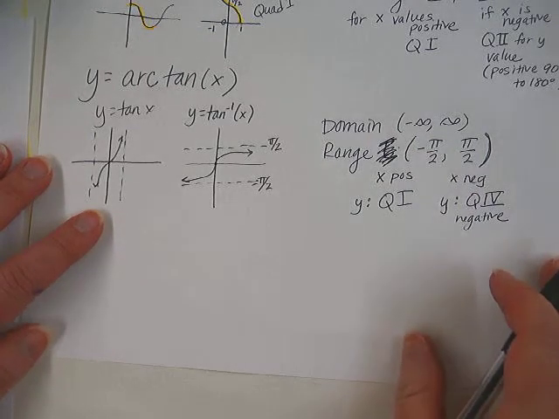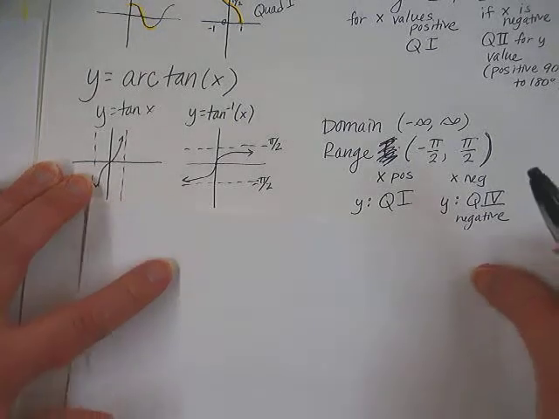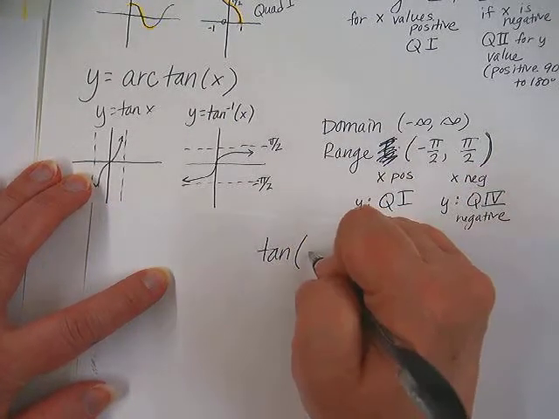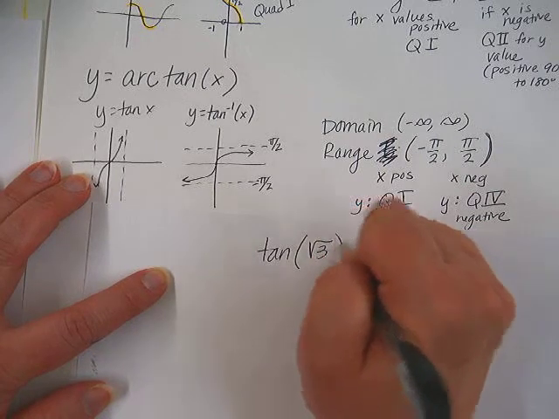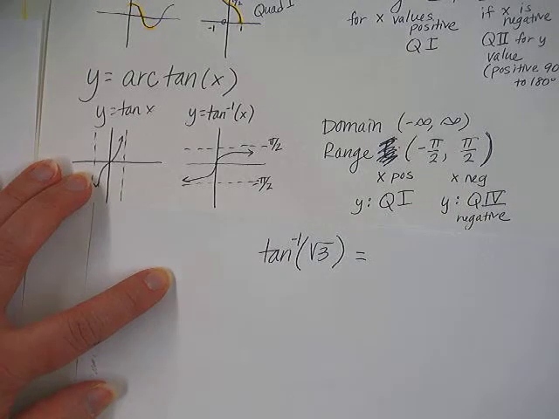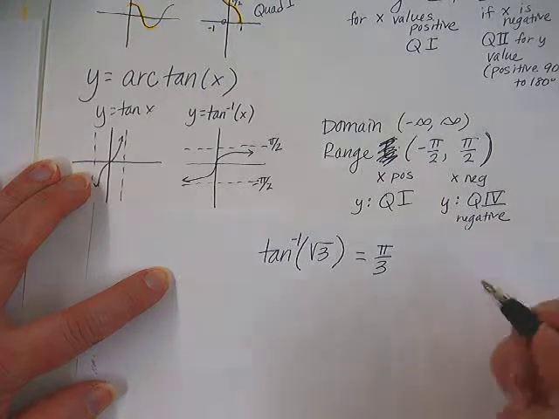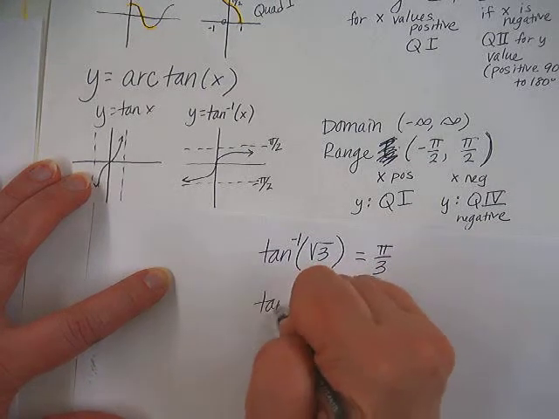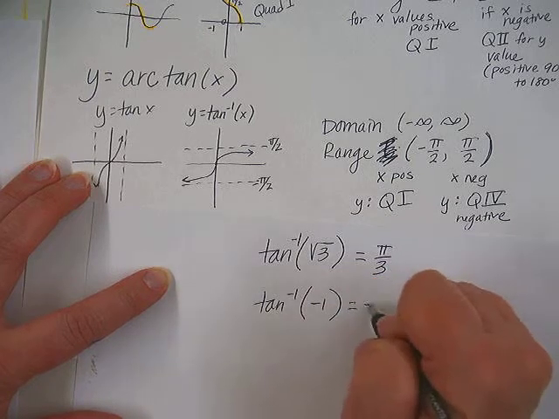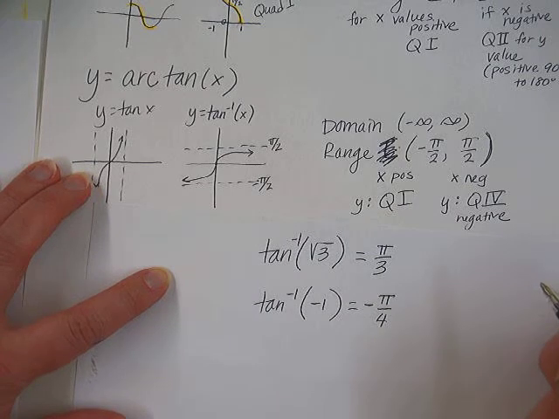Alright, so just like sine, if we do some examples of that one, if we plug in inverse tangent of square root of 3, we're going backwards, that takes us to a pi over 3 reference angle, right? And if we plug in a negative ratio, like -1 for example, that's going to give us a negative answer of pi over 4, or negative 45 degrees.